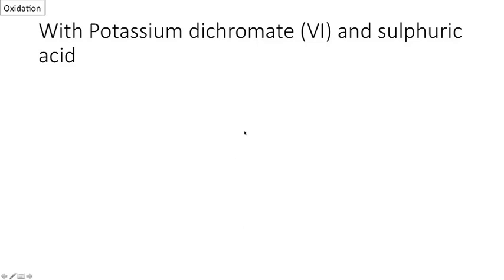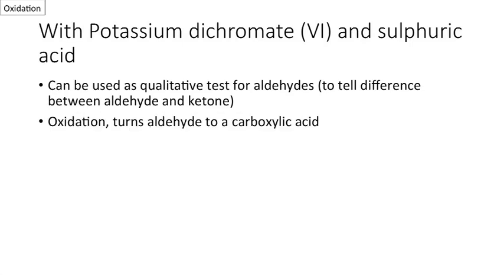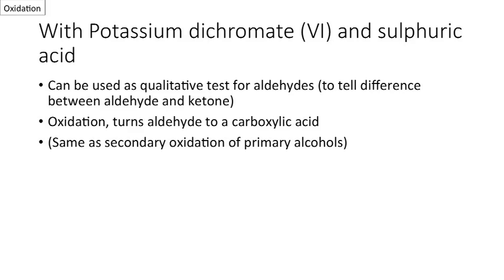With potassium dichromate and sulfuric acid, this can be used as a qualitative test for aldehydes again, and it's another oxidation reaction. It's the same as the oxidation of primary alcohols, if you can remember back when we were using potassium dichromate.